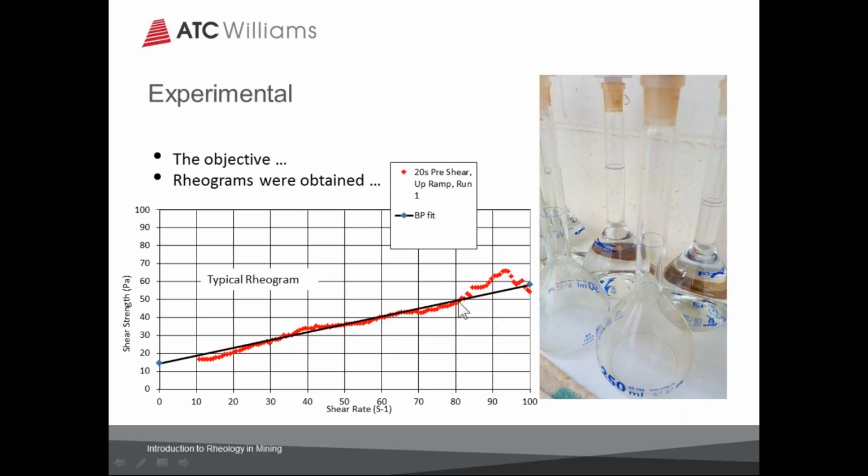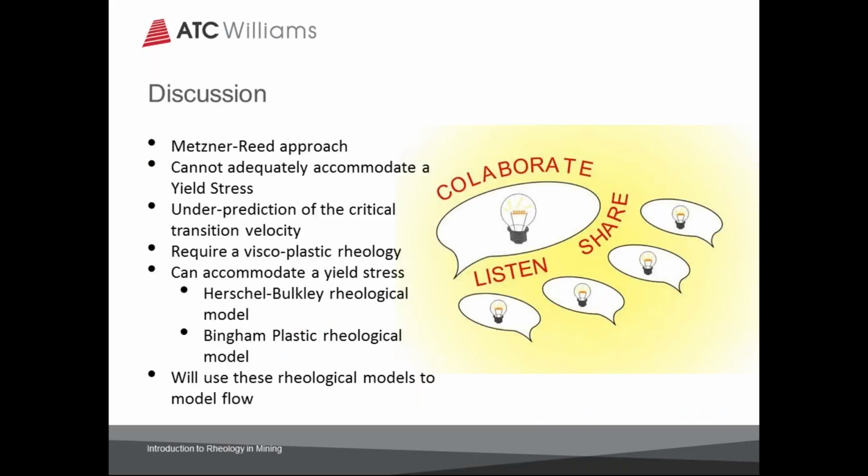Well, the first thing I would do with this is fit a Bingham plastic straight line to that data. This is shear rate against shear stress, and that line would be the Bingham plastic rheology for this material, and then we could use that rheogram information for pipeline design, just to show you where this information comes from.